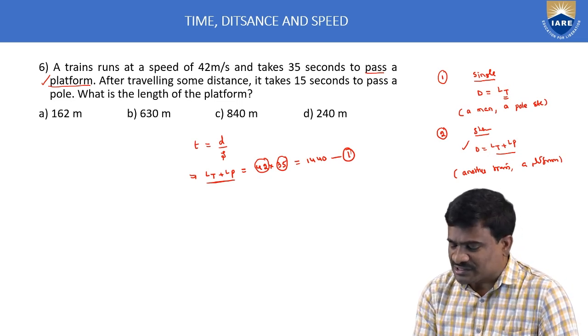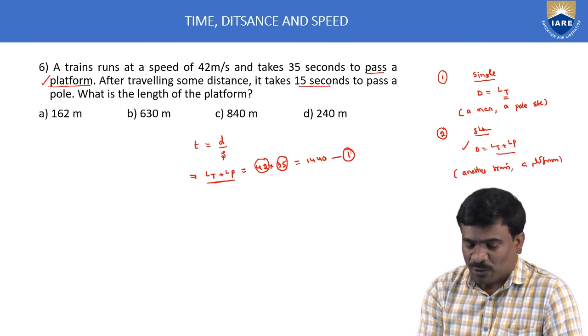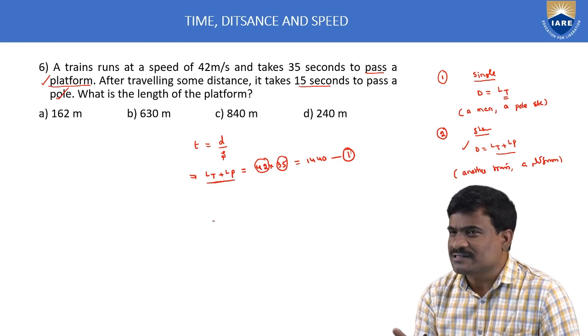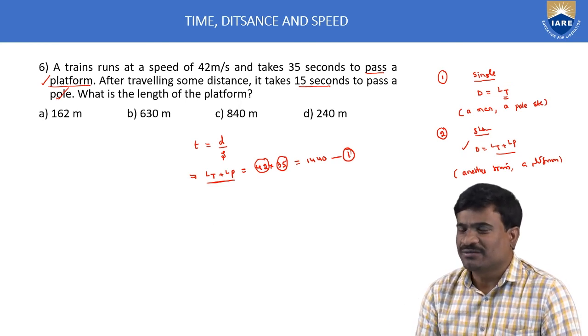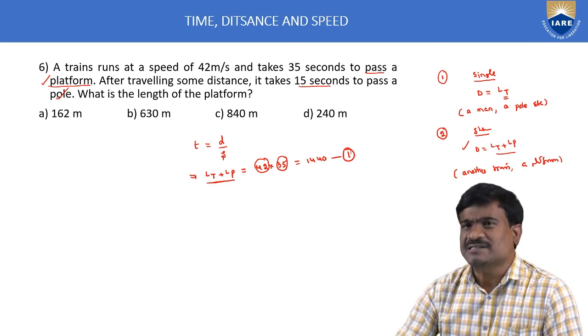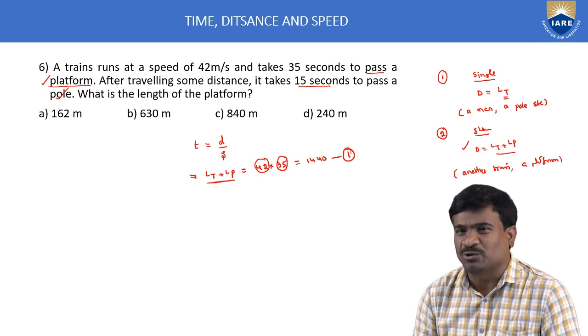After traveling some distance, it takes 15 seconds to pass a pole. A pole is called a single object. When a train crosses a single object, distance is equal to the length of the train. By using the same information, distance is equal to speed into time.